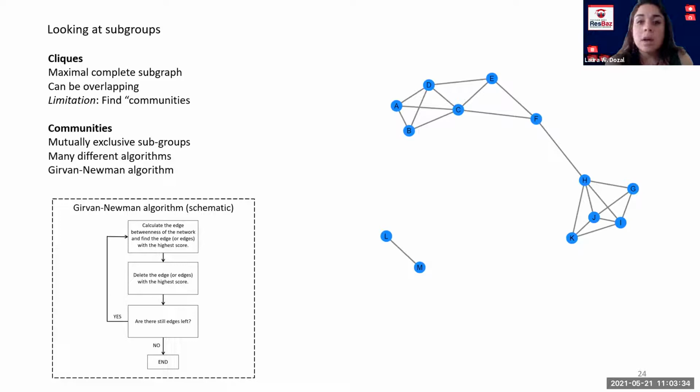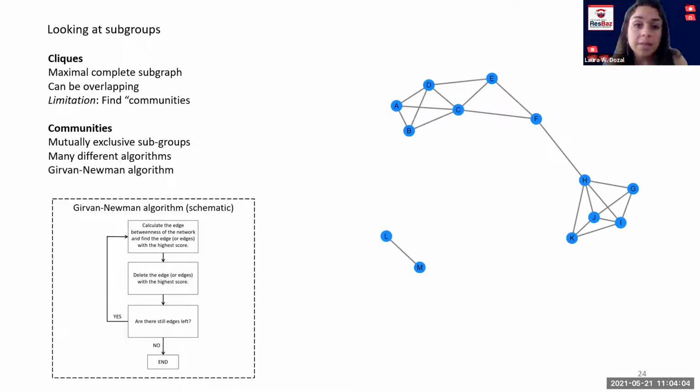So the way that cliques and communities have been found with large sets of data, and for more accuracy, there are algorithms that look at the network and say, okay, let's calculate the edge betweenness of the network, so the betweenness centrality, and find the edge or edges with the highest score.